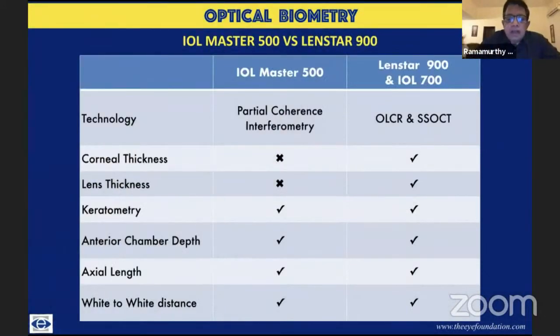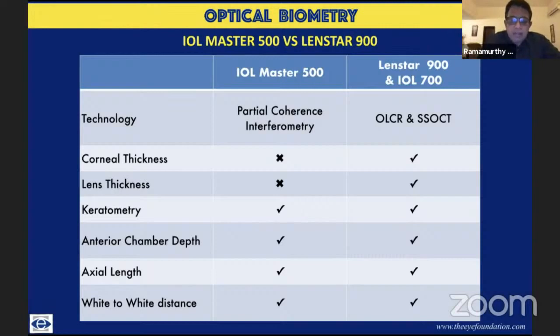One of the major differences between the IOL Master 500 and 700, and the 700 shares these features along with the LENSTAR 900, is that it gives information about both the corneal thickness and the lens thickness. This becomes important when you're dealing with the latest generation formulas like the Barrett, the Baylor nomogram, or even the Hoffer 2, where 7 or 5 different features are required compared to the earlier regression formulas that we used to use.